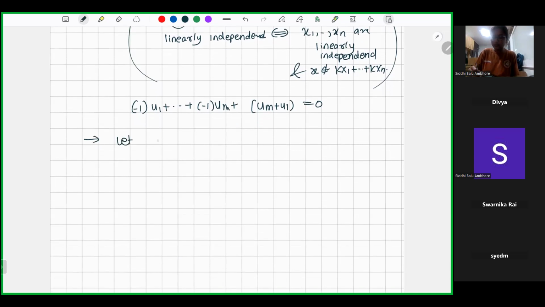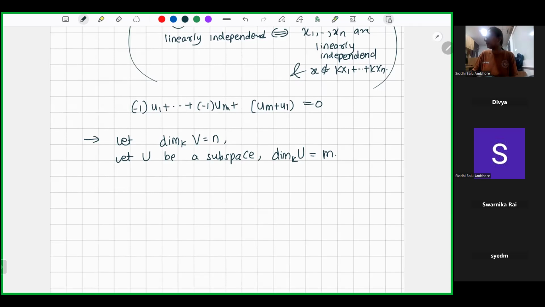As we are given, let V be a vector space, and let the dimension of V over K be n, and let U be a subspace, and the dimension of U is m.